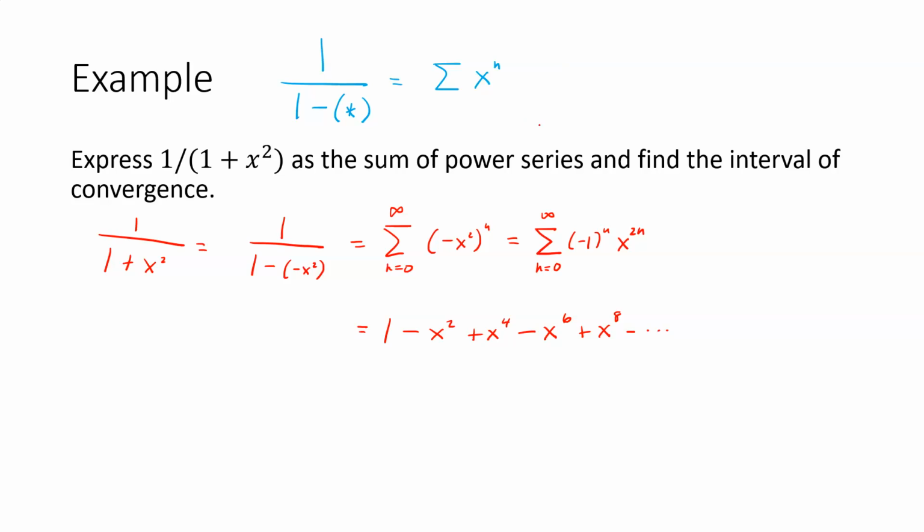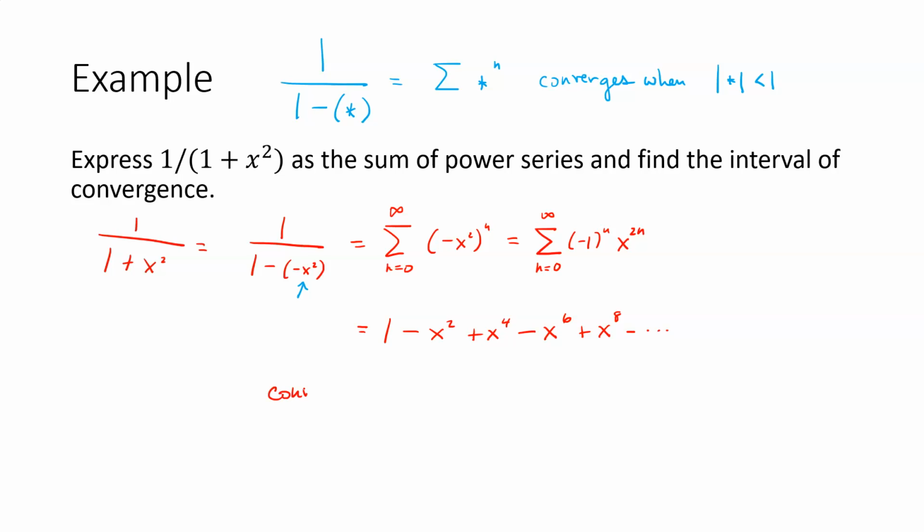Now, one thing to keep in mind was that the representation that we had here, whatever we put in for x, right here I'm calling it star, could be anything there, whatever is in the parentheses here that we're putting into this power series will converge only when it's less than 1 in absolute value. So in this case, what we did was we substituted negative x squared into the power series.